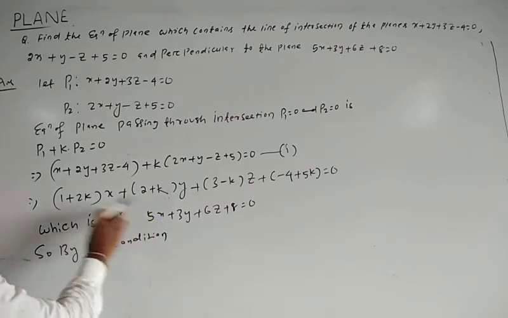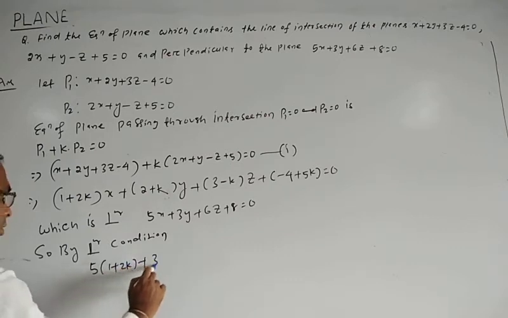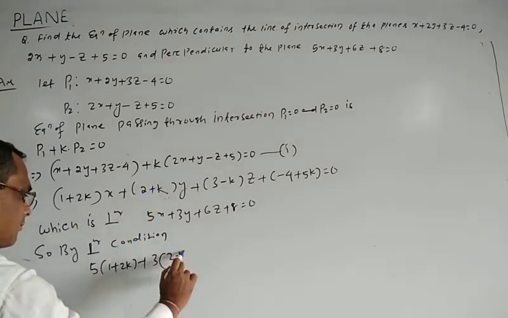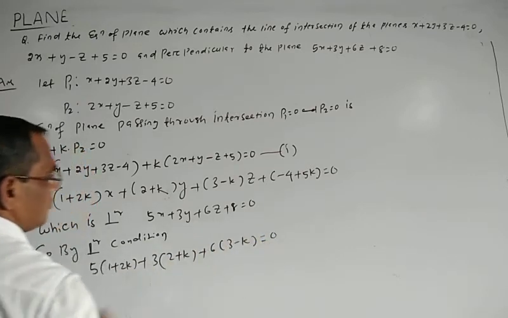That means 5 into 1 plus 2k plus 3 into 2 plus k plus 6 into 3 minus k is equal to 0.